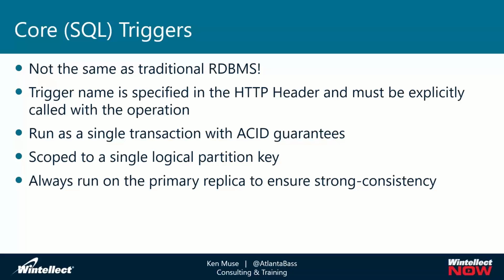Because it's going to run on what's called a primary replica, and it's going to use strong consistency. This means that it will have potentially slightly higher RUs within that replica, and that the information will be scoped to essentially a single instance within Cosmos and then replicated out to the other instances depending on your consistency model.